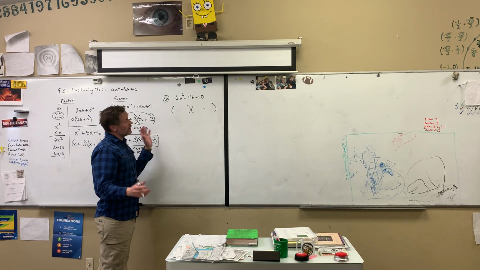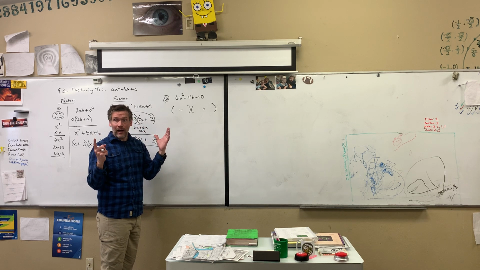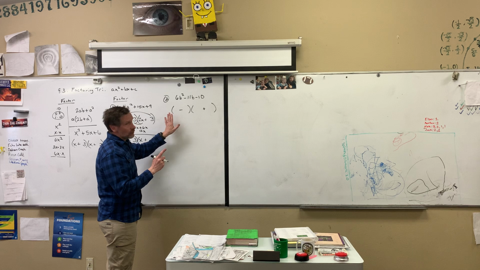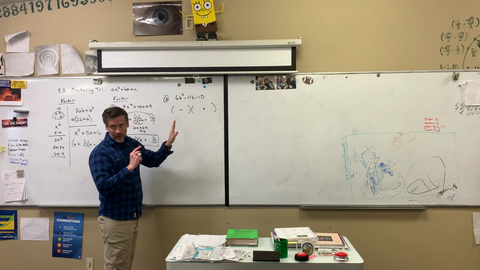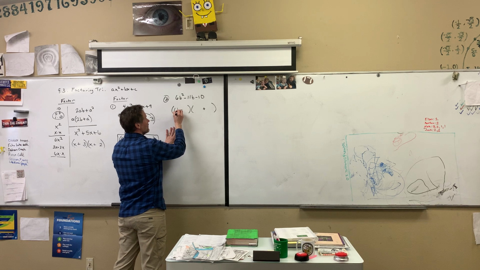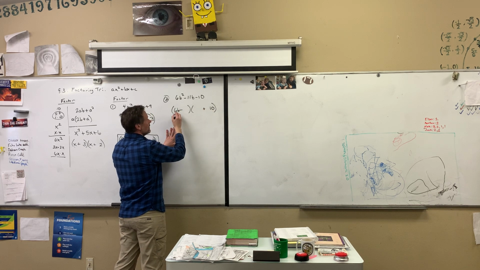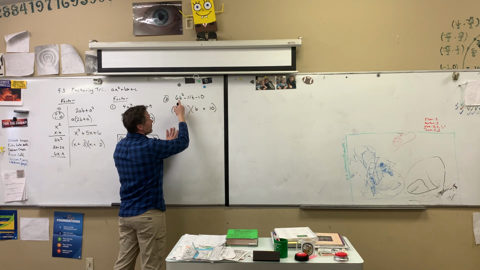All right, so when I say logical guesses, I know mentally before I even try this, if I write it, it's going to be wrong. I'm going to try to show you, hey, that doesn't make sense. If I go 6b here and 10 here, meaning 6b times 1b gives me 6b squared, 10 times 1, right?